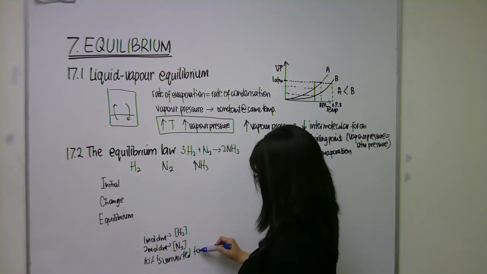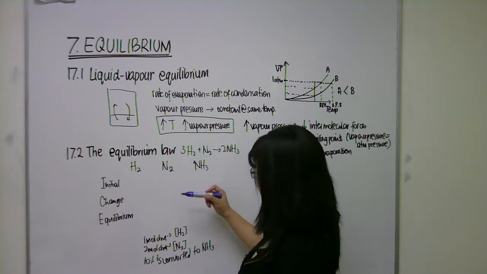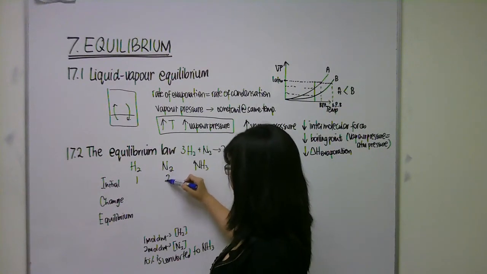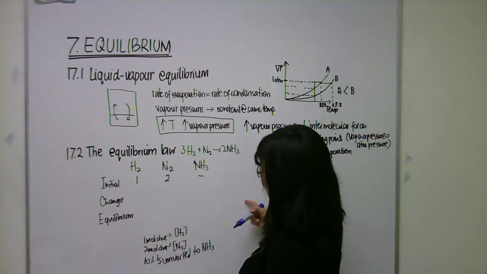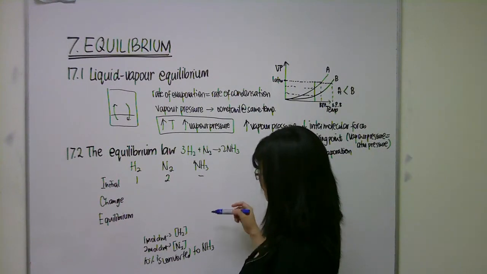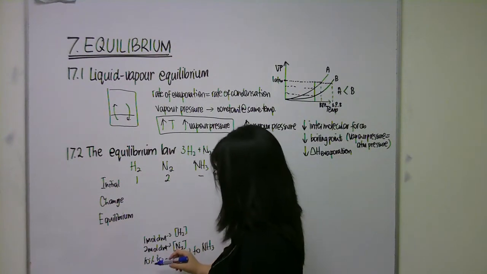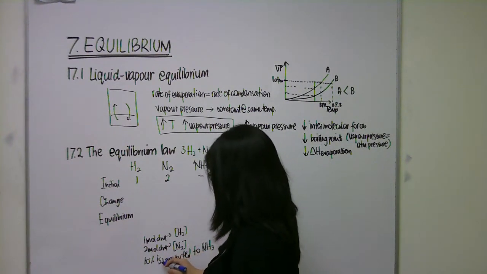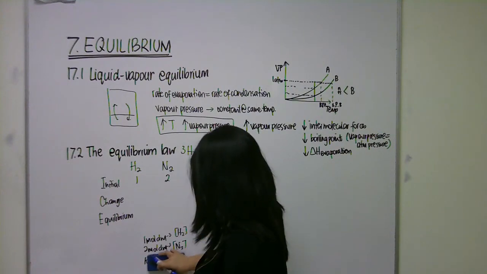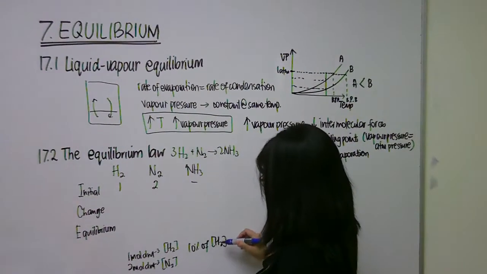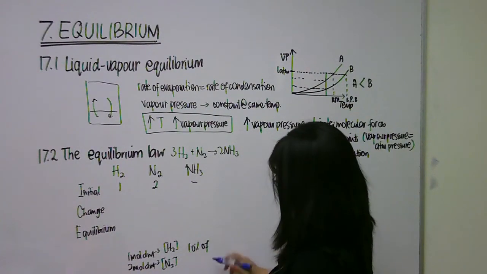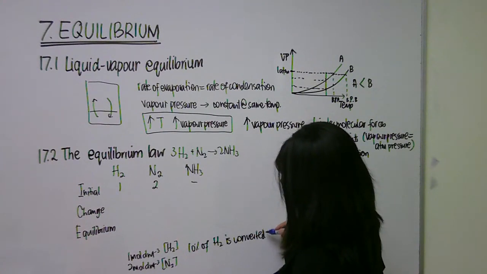to ammonia. So we know that the initial concentrations are 1, 2 and 0. And I know 10% of hydrogen is converted to ammonia.